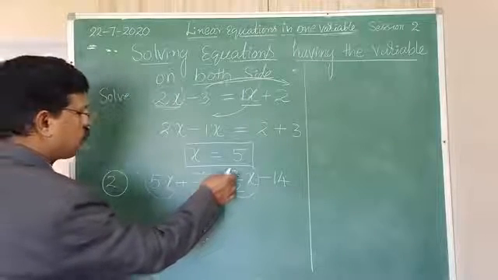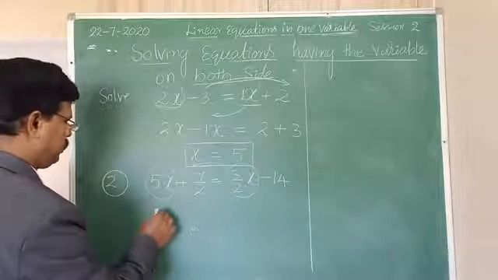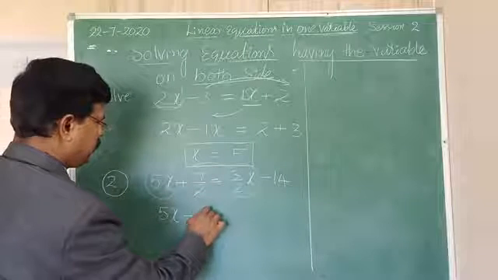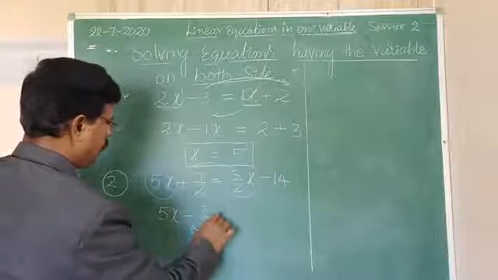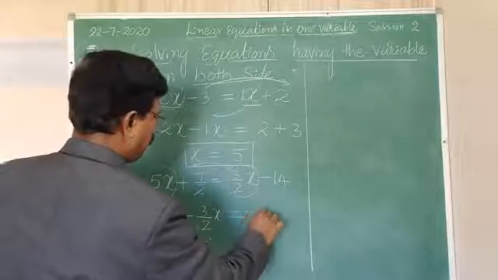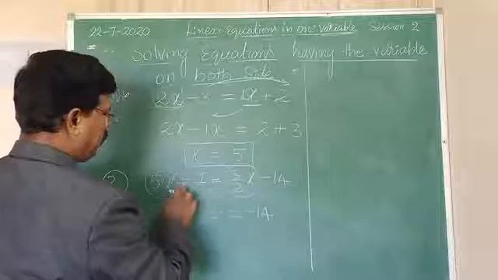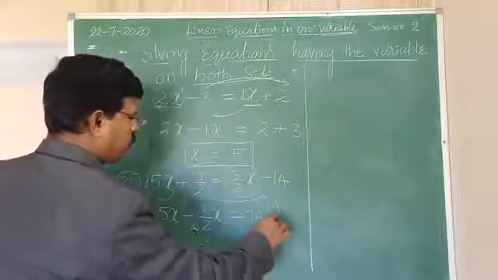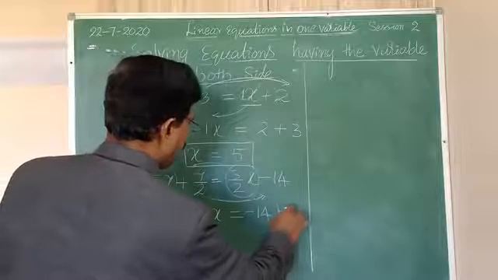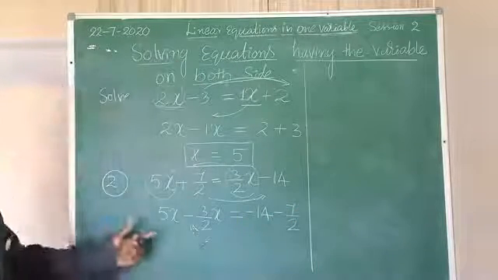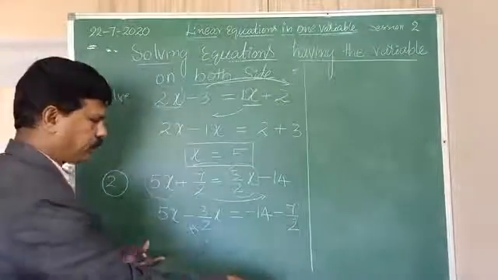So shift this to this side. So 5x minus 3 by 2x is equal to minus 14. This plus 7 by 2, shifted from the left hand side to the right hand side, becomes minus 7 by 2.